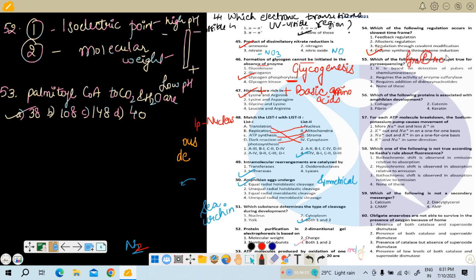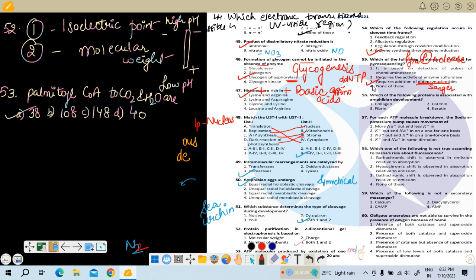Even if you don't know about pyrosequencing, you might know about Sanger sequencing, in which dideoxy dNTPs are used. If Sanger sequencing includes ddNTPs, it can't be in pyrosequencing. So option number 3, as they are asking which is not true.